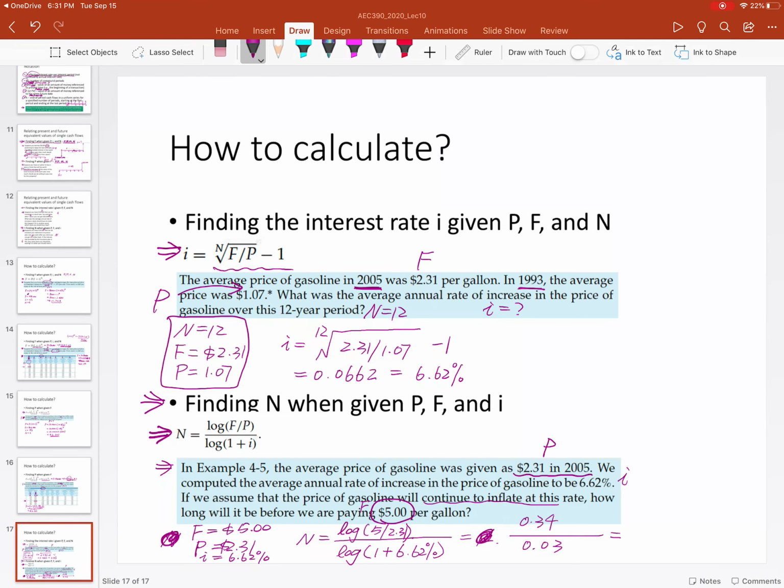Okay, so now 0.34 over 0.03 is 11.33. So your N is 11.33 years, which is almost 12 years. Okay.